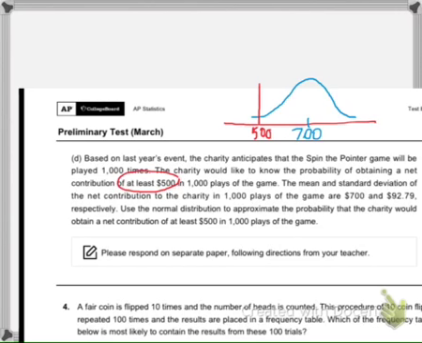You could do this in a calculator with a normal CDF, or you could go ahead and divide 200 by this number to get a z-score of negative 2 point something. And this would give you just a little bit less than 2% of area here. And you take 1 minus that and get 0.9844.